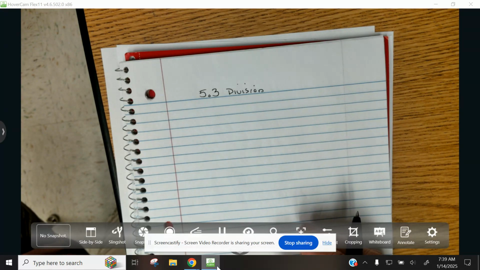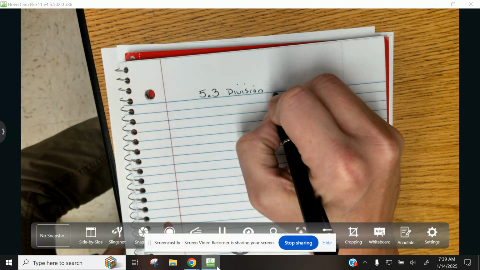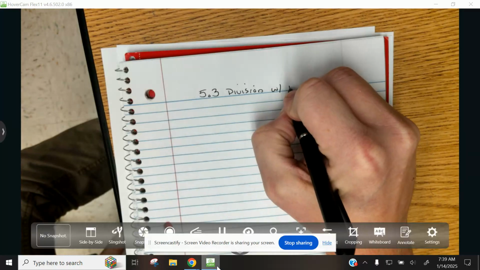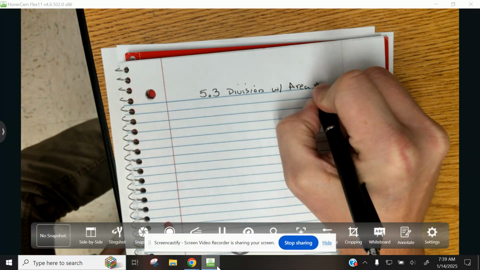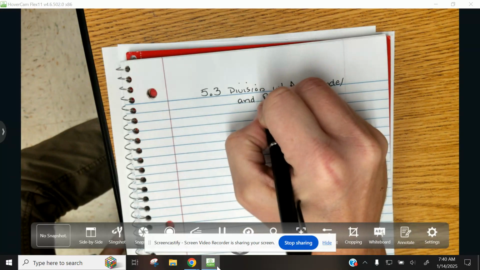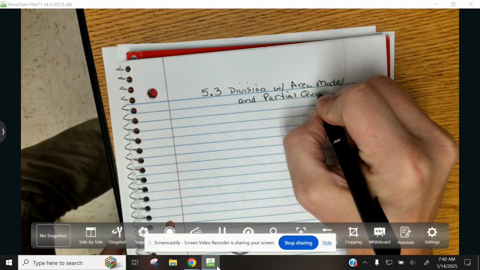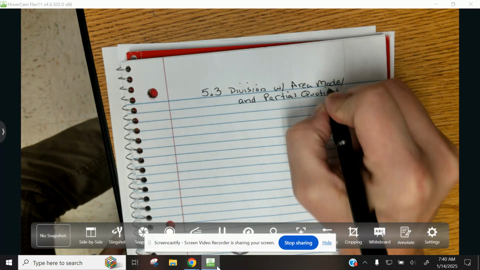And then we are going to throw in word problems. We're going to make sure we truly understand how to divide, and when it's a word problem, how we know it's a division problem. So we're going to put division with area model and partial quotient. All right, so there's our title.